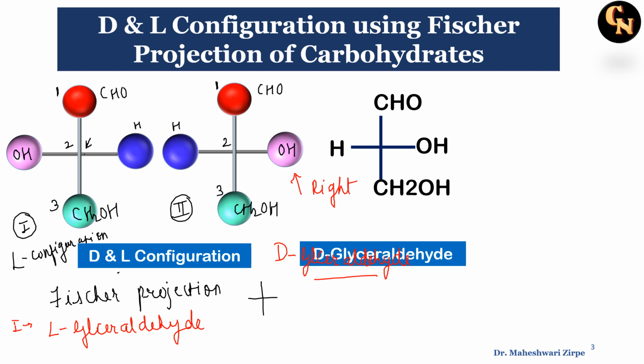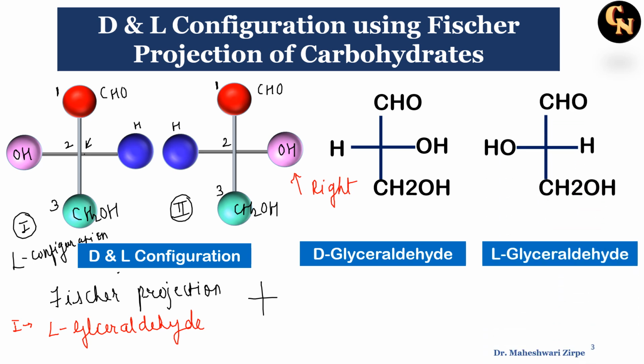Let me just erase this. So here you can find the D configuration I have shown on the screen. Similarly the L configuration of glyceraldehyde. You can count the number of carbons and then write down: the first carbon is the aldehyde group, then the second carbon, then the third carbon.